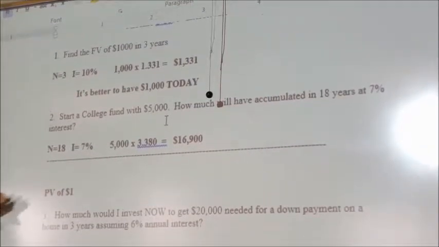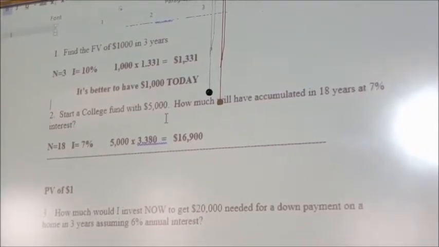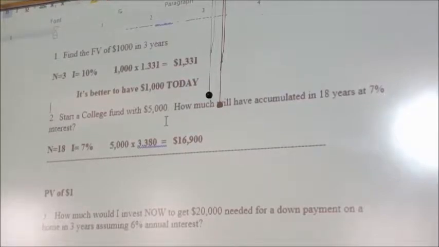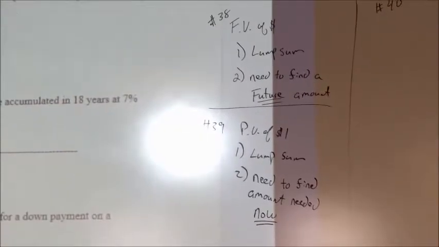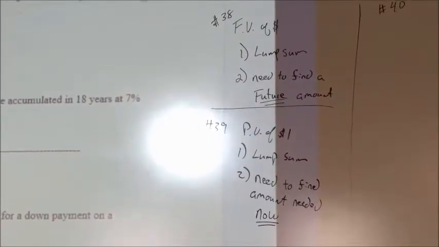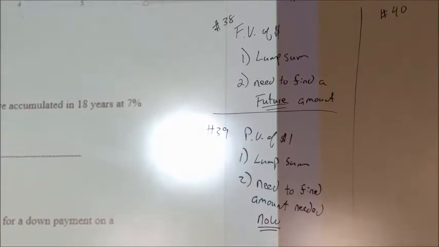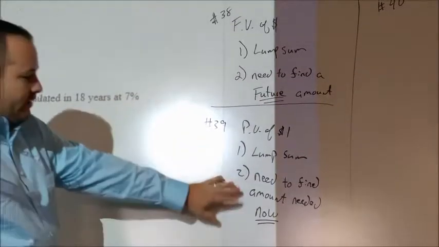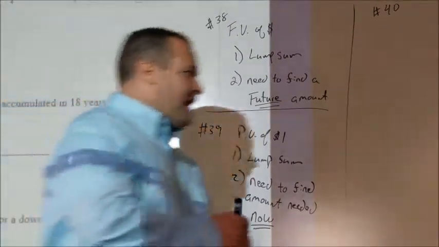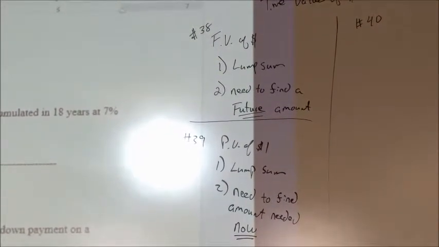And that's the key with the present value of $1 table. I want to know right now, how much do I need? So that tells me I need the present value table, because I don't know the now amount. I know the future, so I don't need the future value table. I need a lump sum that I'm dealing with, and I need to know the amount that I need now, as chart number 39 shows. So I think that shouldn't take you more than about a minute.